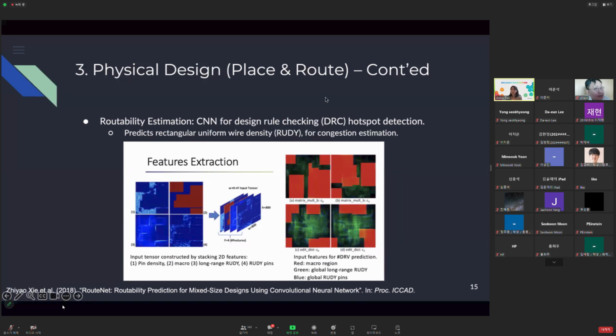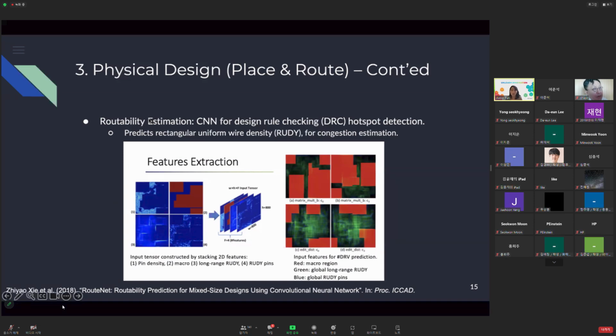We need to allocate the resource while minimizing the communication burden, meaning that the timing should be minimized and also power should be minimized, but we also need to guarantee that there will be a route to connect to each other. So when we say routability, that means the supply and demand are well aligned, so there's no extra demand beyond supply. That's what we call congestion.